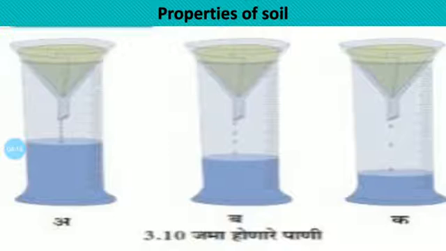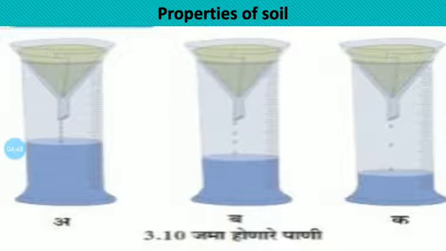Procedure: Fit the cone of the filter paper in the 3 glass funnels, which you can observe in the picture on the screen. Fill the cones with equal quantity of A sand, B sandy soil and C clay soil respectively.